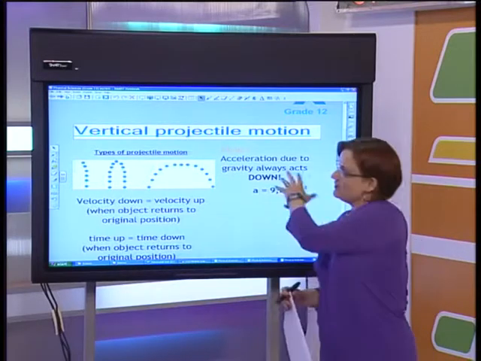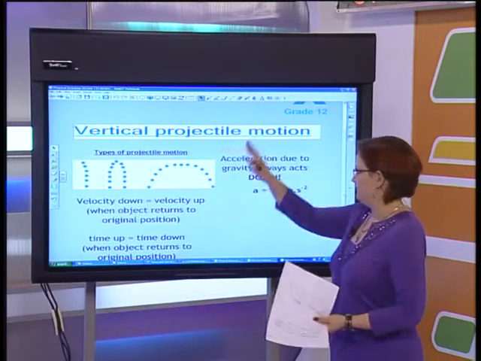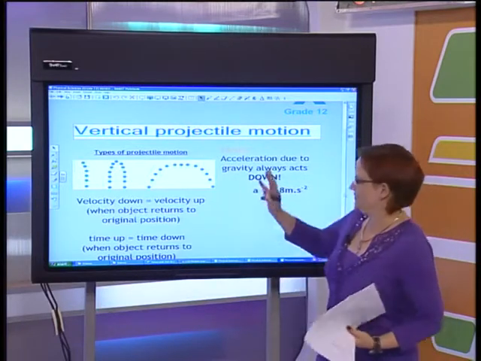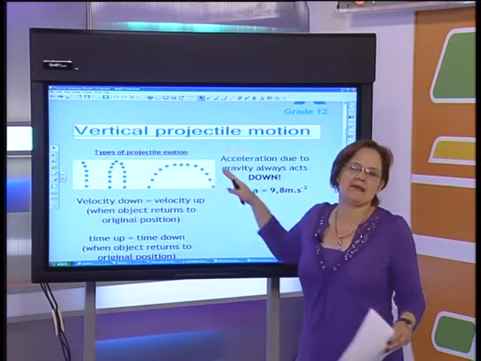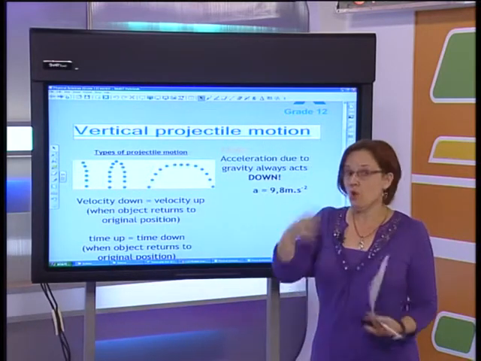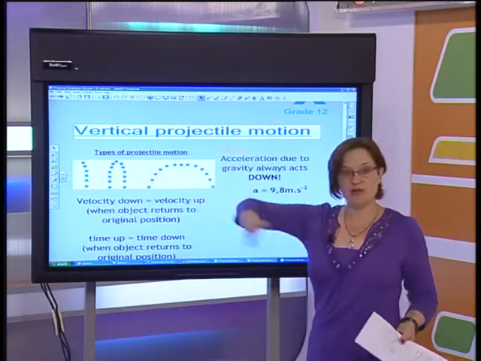Okay. Well, guys, like I said earlier, we're going to look at vertical projectile motion. What we need to remember, and I've drawn a picture as an indication, is that projectile motion has three ways that we can show it. Essentially, we're looking at motion that's going up and down. We're forgetting about horizontal now.